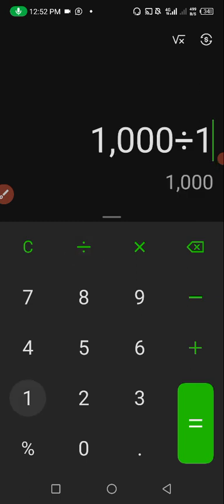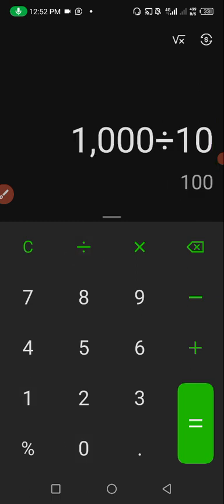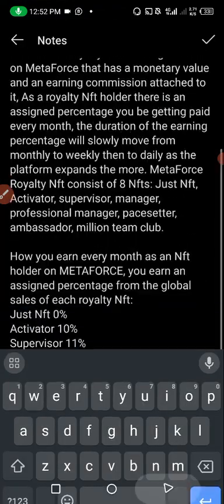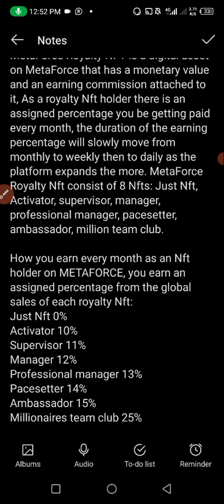Then divided by 10, so you get $100 as 10%. If it's 10,000 profit, you get $1,000 as commission. So that is the 10% we're talking about. And the 11%, you can do your calculation, 12, then up to 25% commissions.